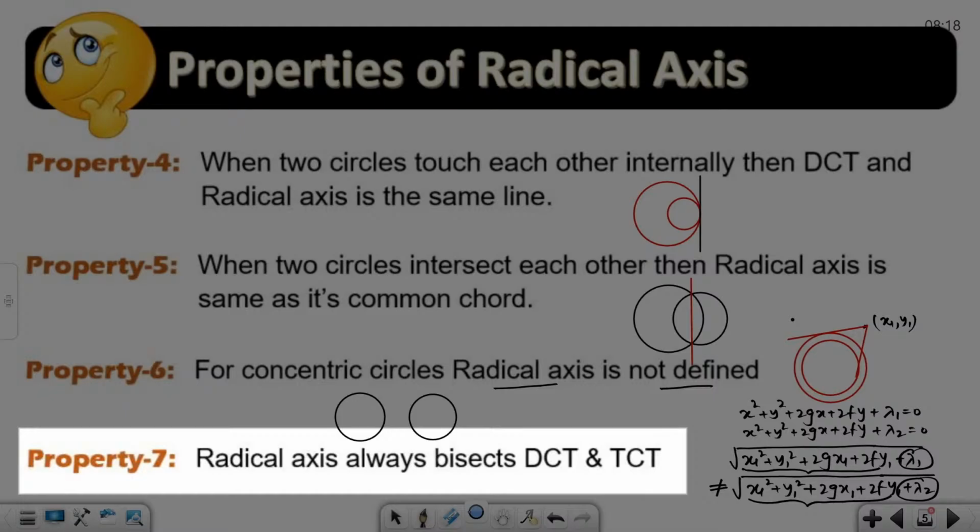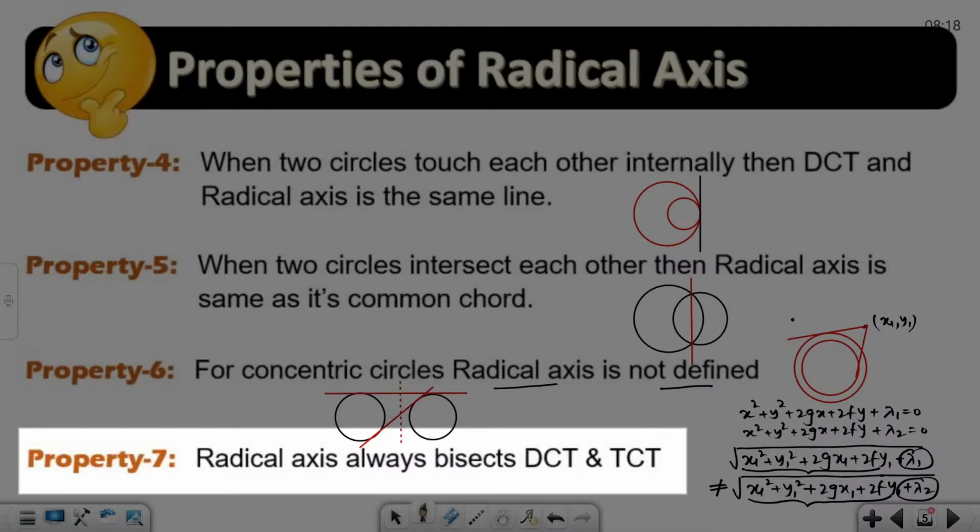Now, if I draw a direct common tangent here, and the transverse common tangent here, though there will be two direct common tangents and two transverse common tangents, I am taking one. The radical axis is always going to bisect those tangents. That's a common thing.